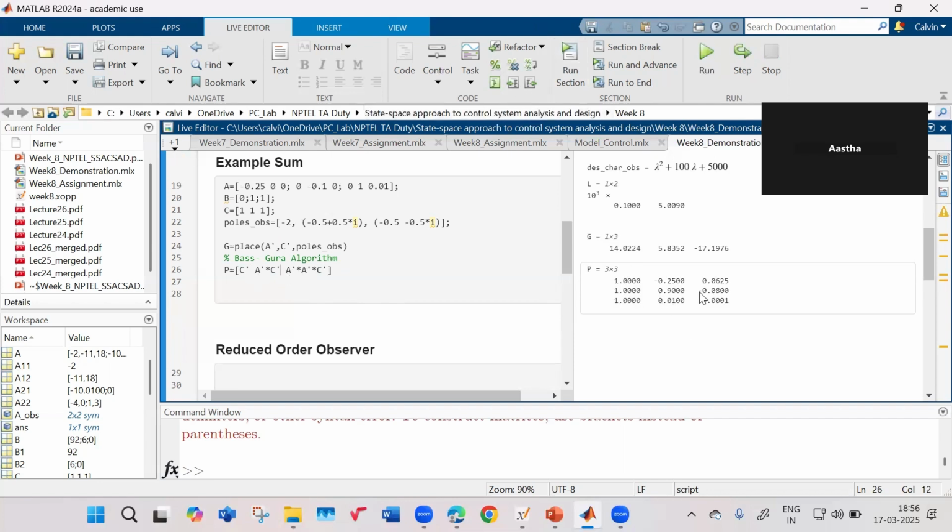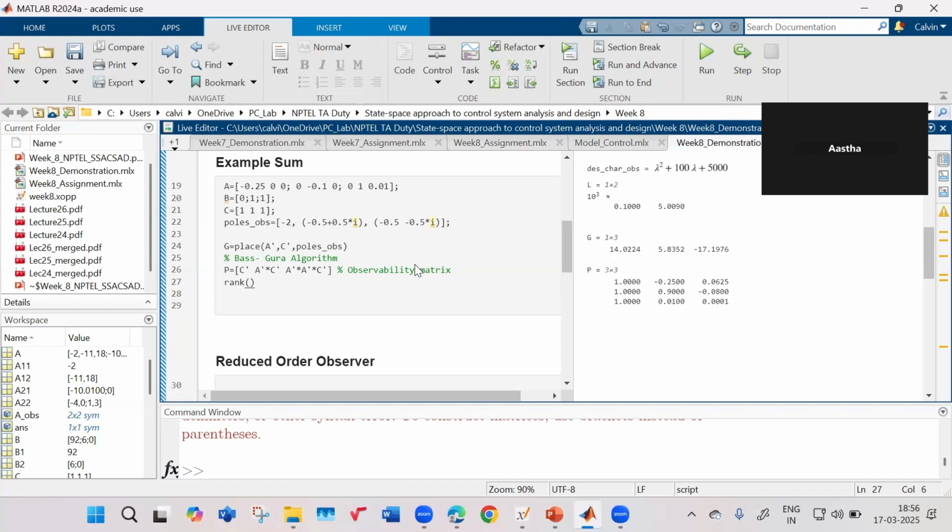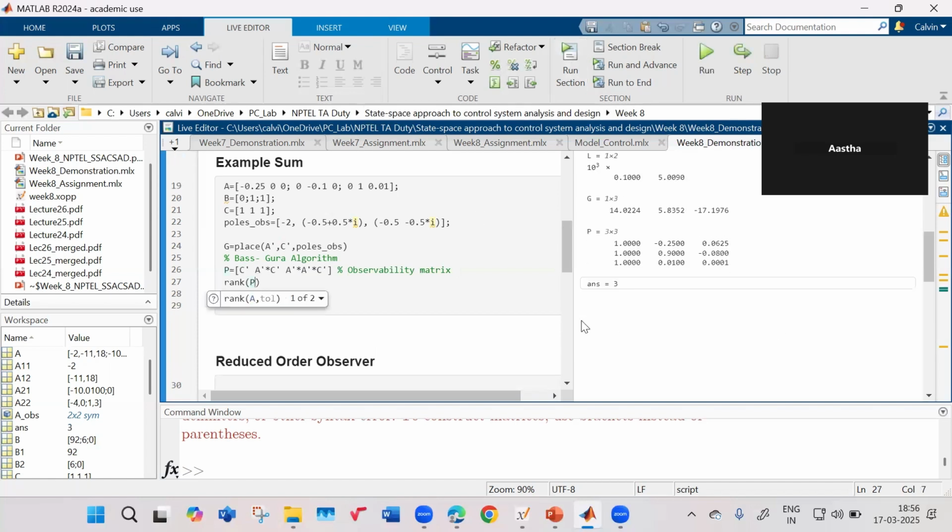So this is the P matrix which we got. And if you remember, this actually is our observability matrix. If you want to check if our system is observable, we just have to take the rank of P. It is 3, that means it is observable.